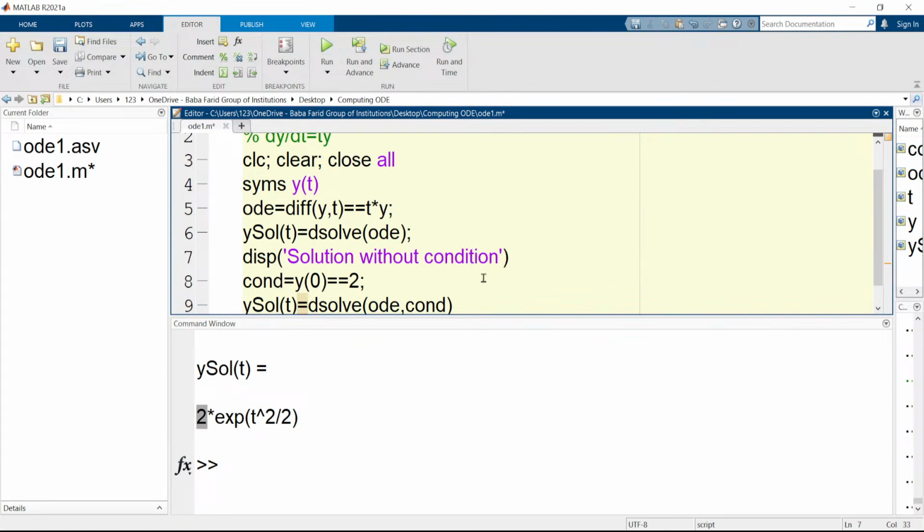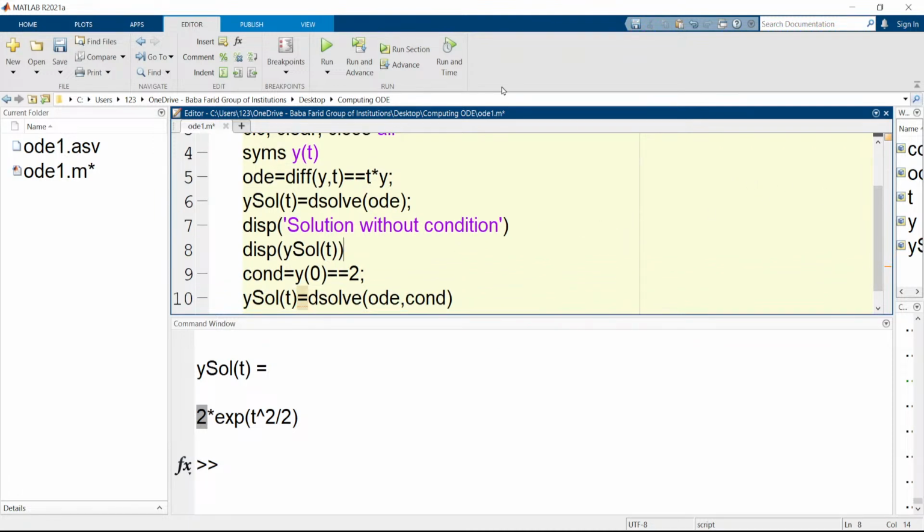And then we have display y and SOLT. Okay.